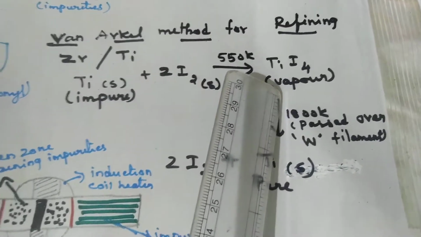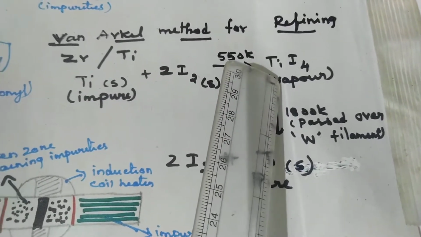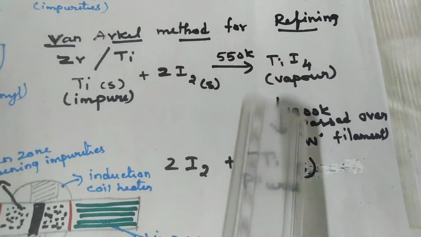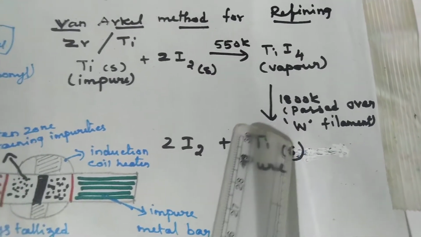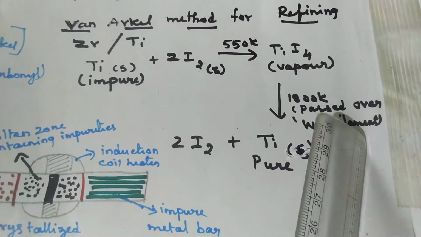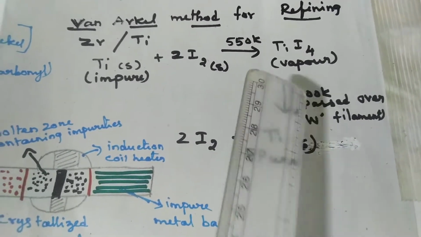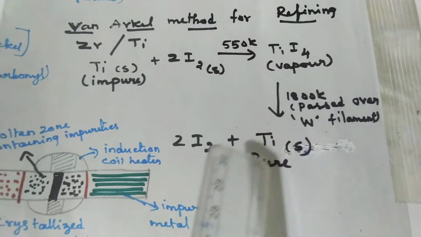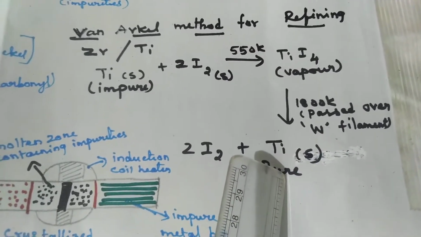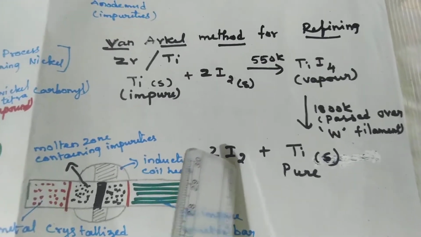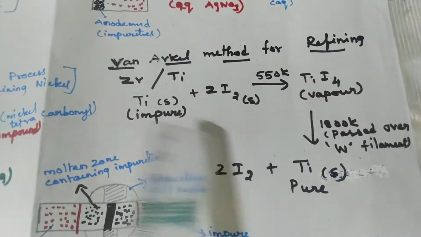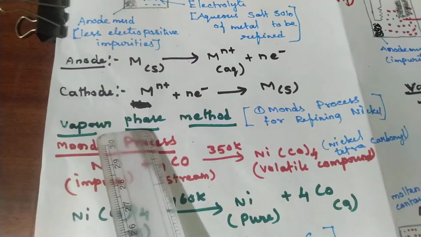Initially it forms a volatile compound, titanium tetraiodide, that is heated at a very high temperature of 1800 Kelvin and passed over a tungsten filament. Titanium tetraiodide is decomposed to form pure titanium and iodine. So this is the Van Arkel method. The Van Arkel method and the Mond process are the vapor phase methods.